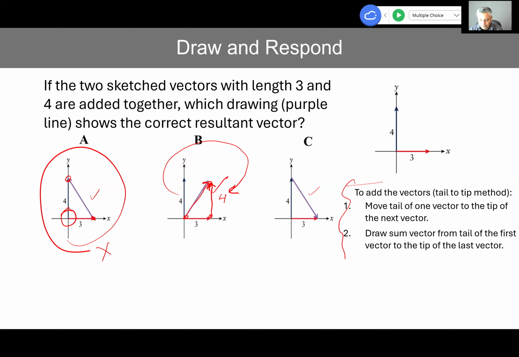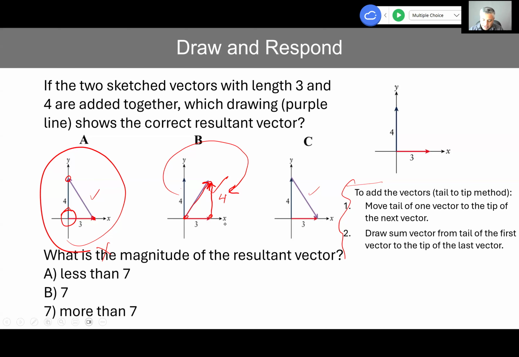Okay, folks? So now, here is another question for you. Now you added 3 and 4, and this is what the drawing is telling you. How about the value of that vector, the resulting vector or sum vector? What do you think?